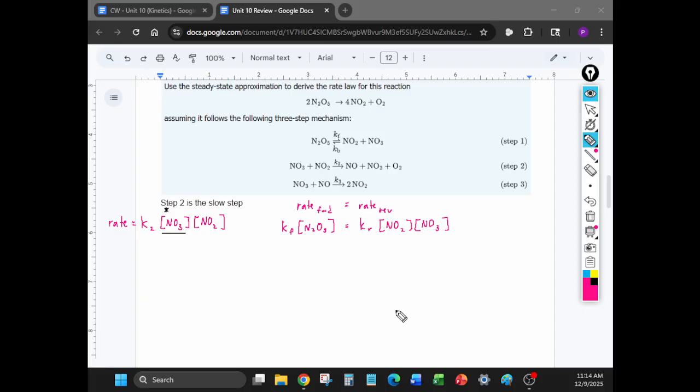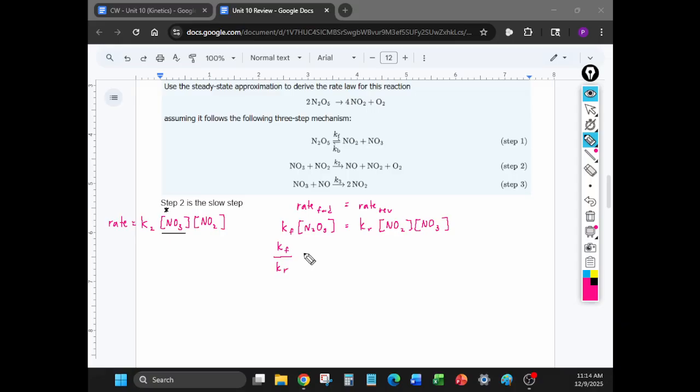Okay, now, what variable are we trying to isolate for? NO3. Yeah, we want to isolate for NO3, so we've got to move everything to the other side. So that is going to give us KF divided by KR.